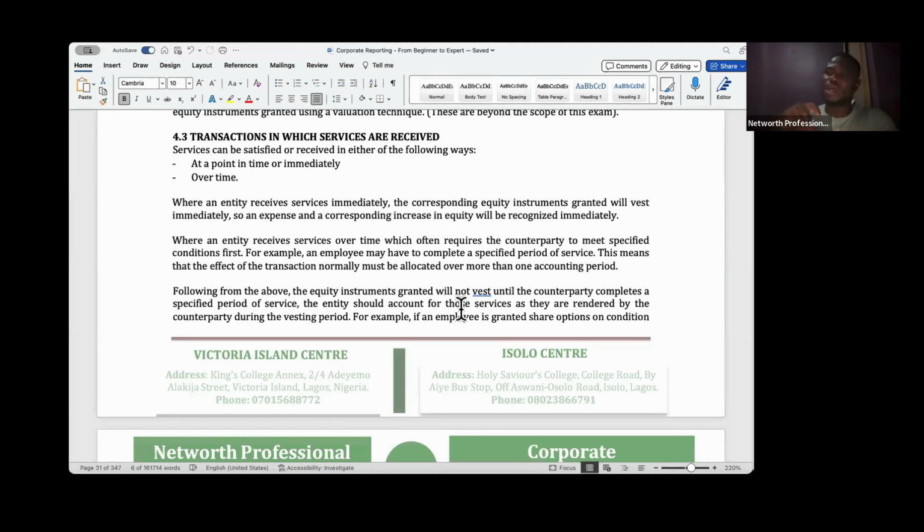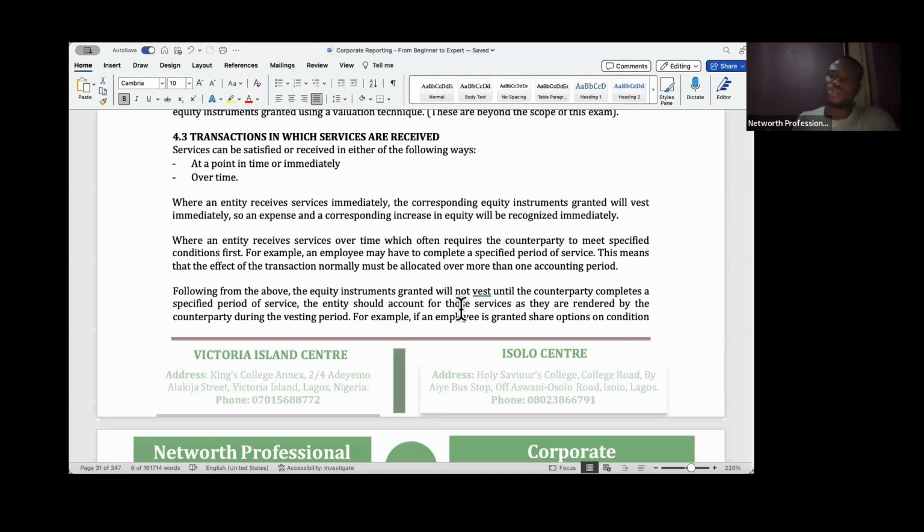And this is typical with employees, because employee services are received by an entity over time into the foreseeable future. Employers give employees share options to encourage them to stay longer, so that they won't just leave untimely.